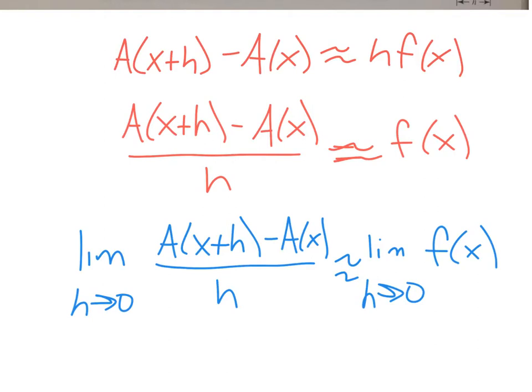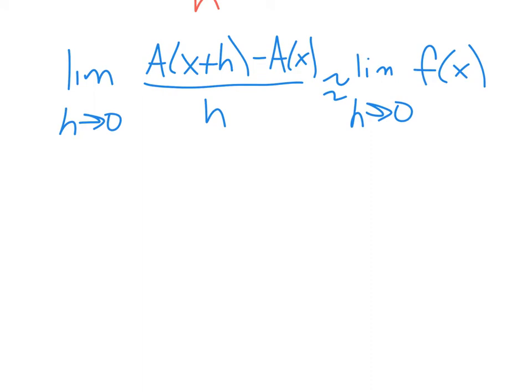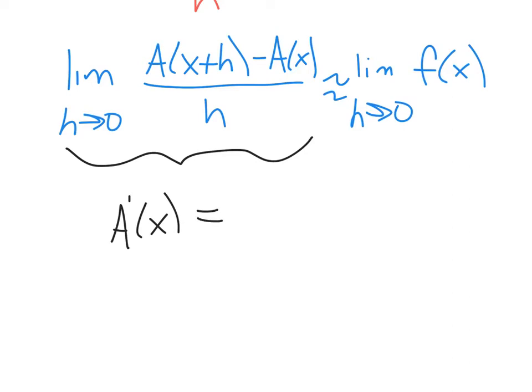And in fact, since this left-hand side is the definition of a derivative, we can change our notation a little bit and say that the derivative of the area function at x is exactly equal to, if we evaluated the right-hand side, there's no place to plug in h, so we would just have f of x.